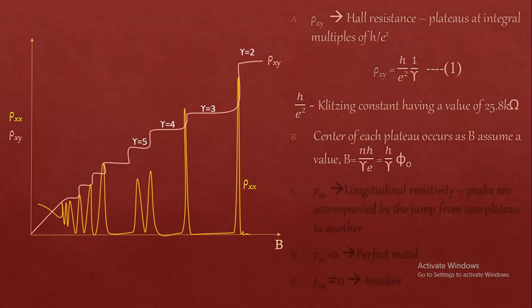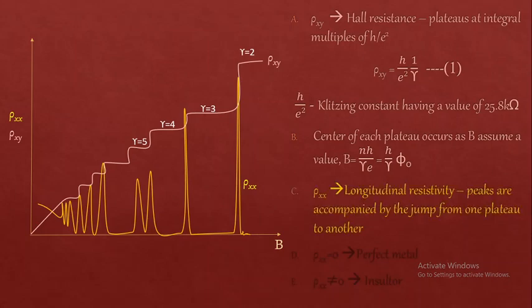Then let us understand about rho xx. This longitudinal resistivity rho xx shows a surprise as it is 0 most of the times, except when there is a jump in rho xy from one plateau to another. We can observe that the peaks in this yellow graph, which represents rho xx, that is longitudinal resistivity, occur only when there is a jump in rho xy.